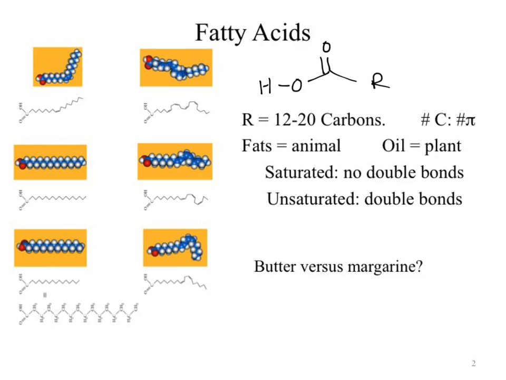We need to make sure we have the acid portion. So we have our fatty portion as our R group. Does fatty have two T's? It does today. That's good enough. And we have our acid portion over here. Okay, so there's our fatty acid.